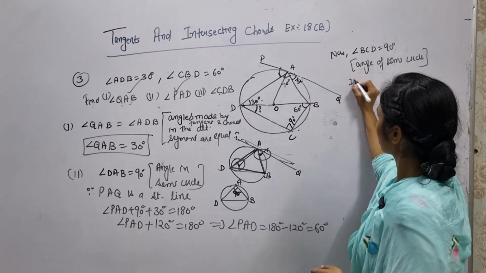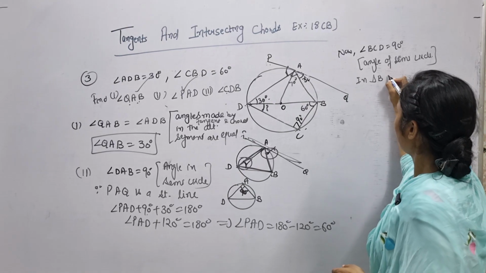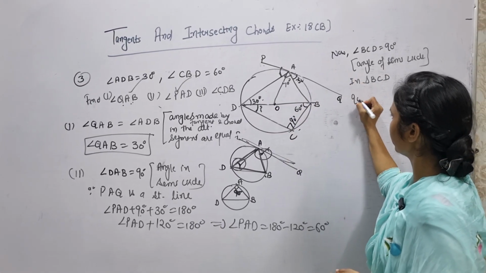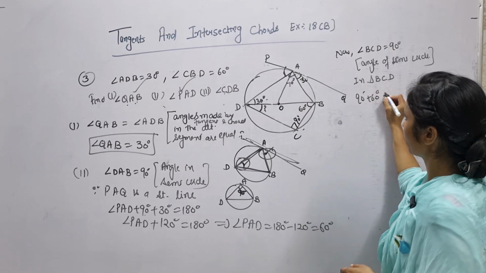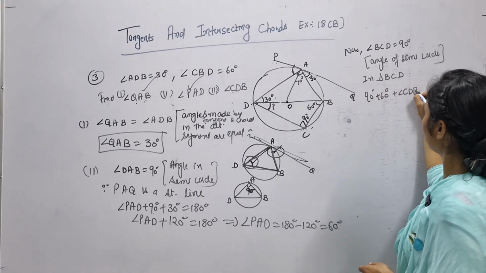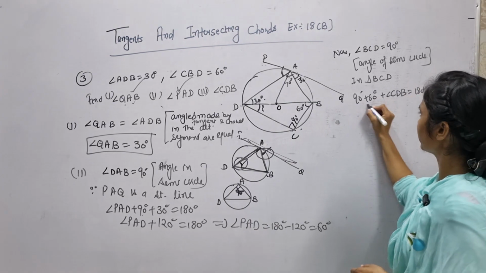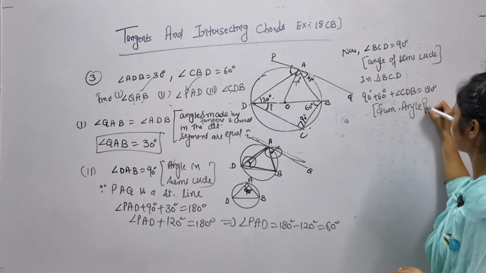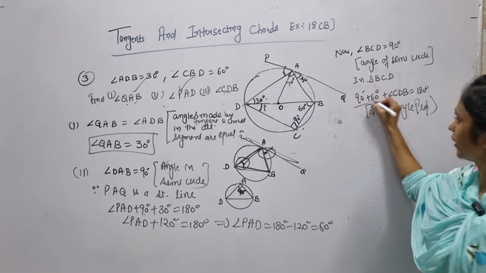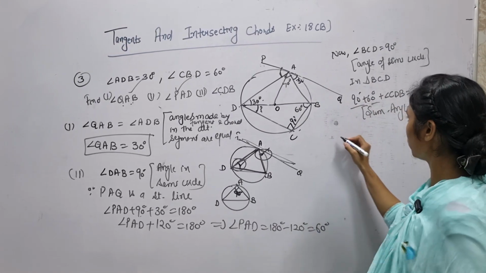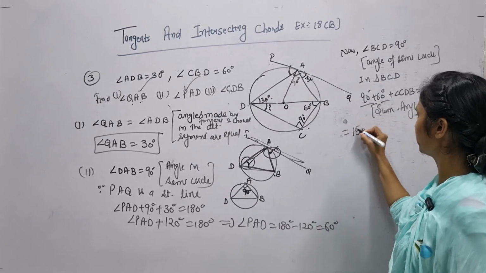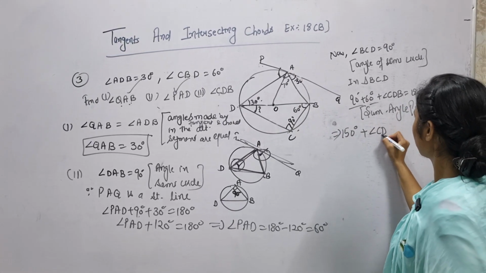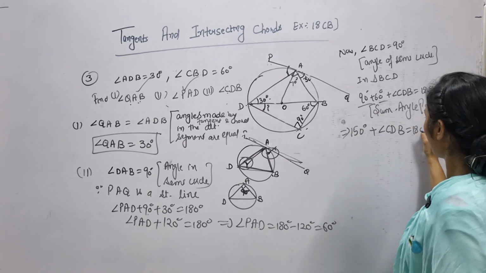So in triangle BCD, the sum of angles of a triangle is equal to 180 degrees. 90 degrees plus 60 degrees plus angle CDB is equal to 180 degrees, by the angle sum property. 90 plus 60 is 150 degrees. 150 plus angle CDB is equal to 180 degrees.